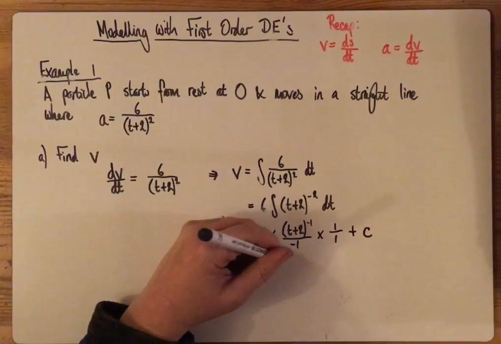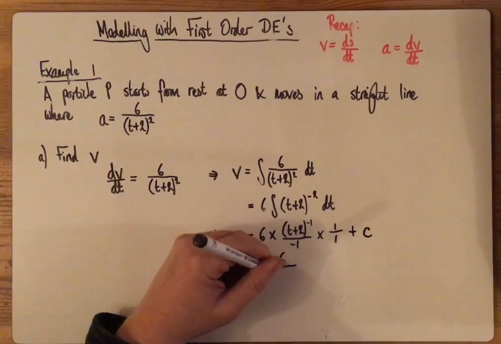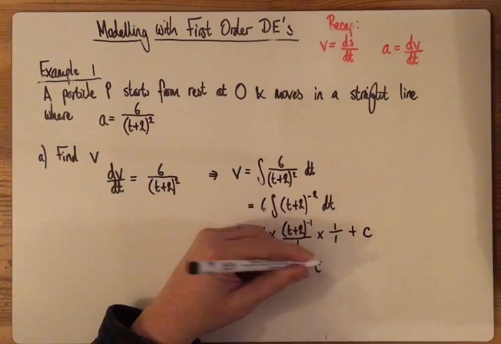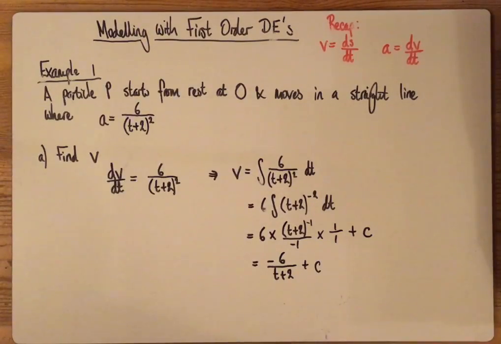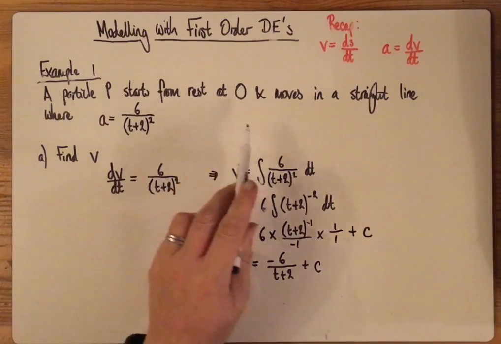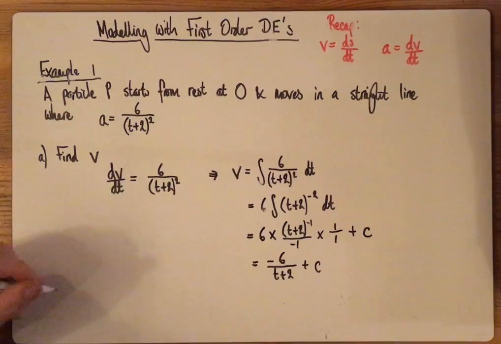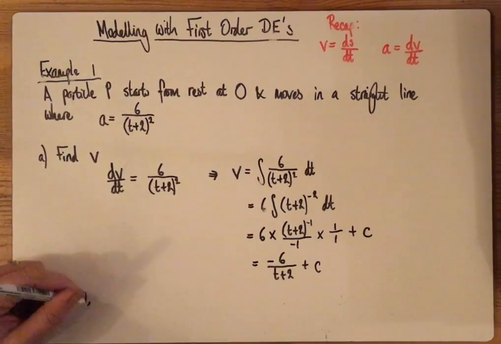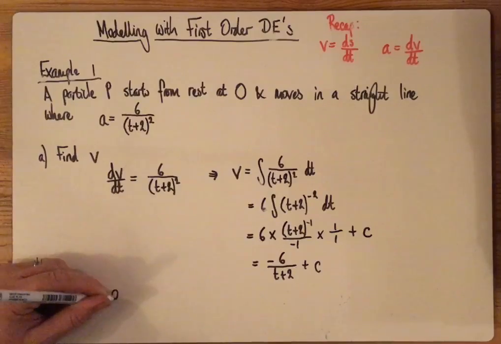So this gives me minus 6 over (t plus 2) plus c, and then we do have some initial conditions. We're starting from rest at the origin, so when t equals 0, v equals 0.